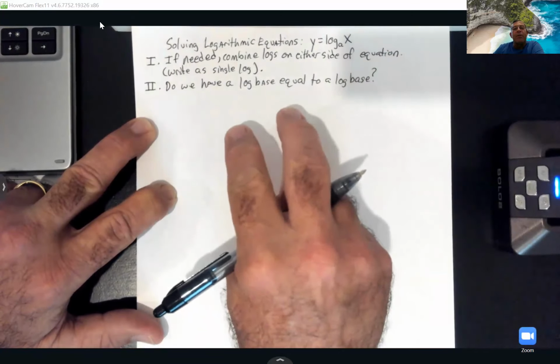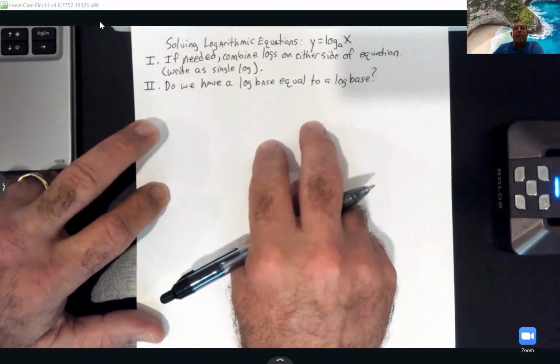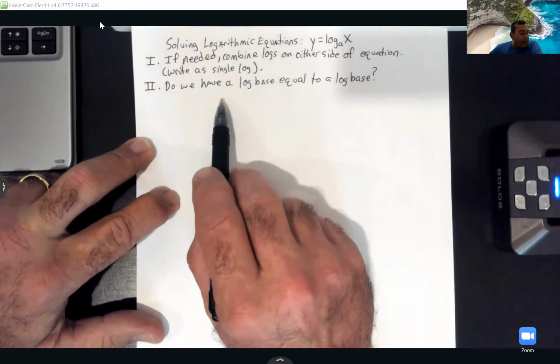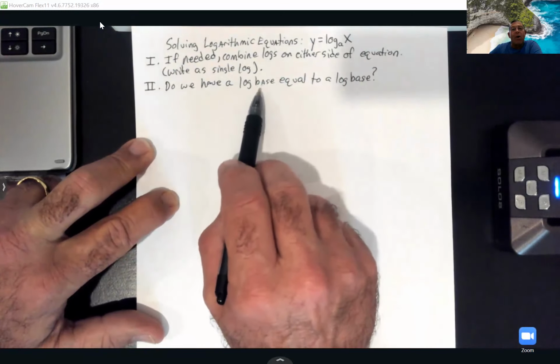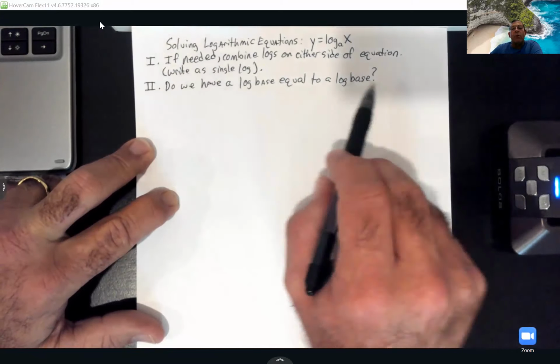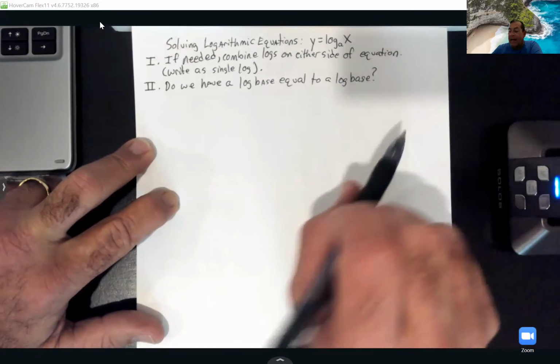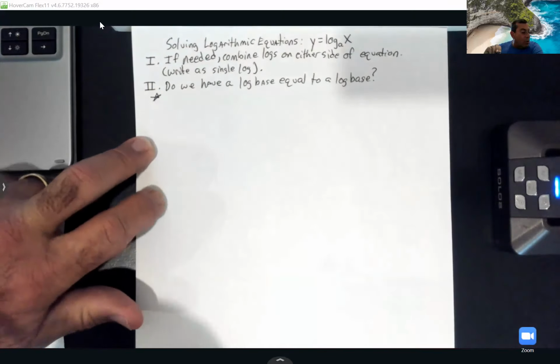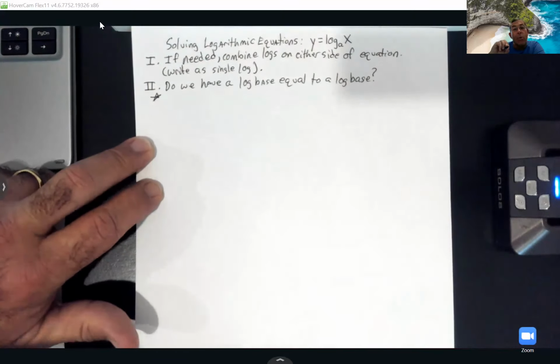Sort of similar to the base exponents we were looking at when I could rewrite each side using the same base. Well, here, do I got a log base on the left side equal to a log base on the right side? If I do, I can invoke what we call logarithmic equality.